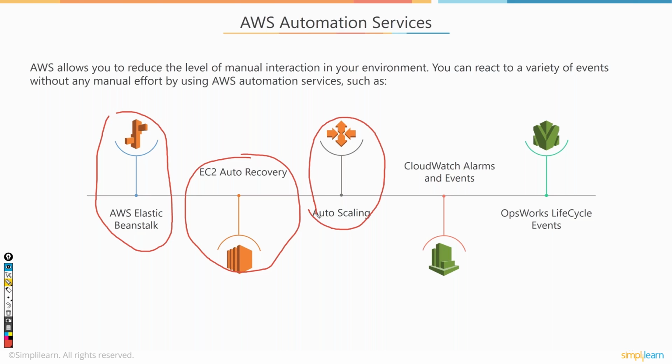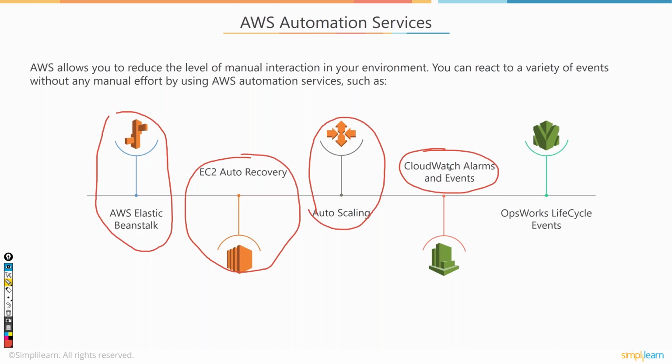We have auto scaling, which allows you to scale more resources on demand based on the resources needed. You have CloudWatch alarms and events, which allow you to specify specific events that happen based on the metrics that you have.